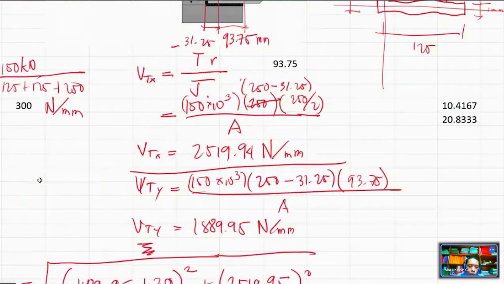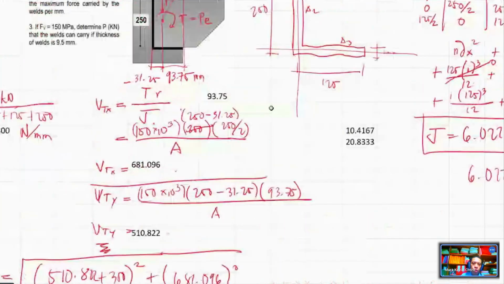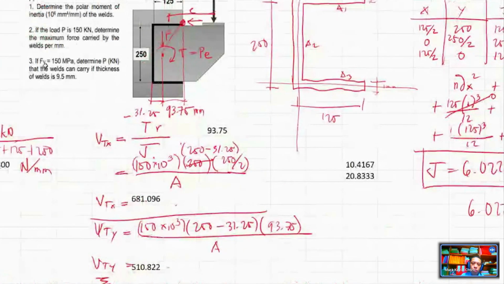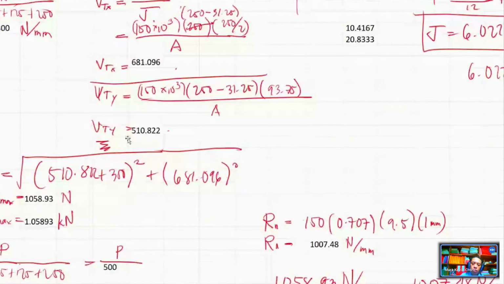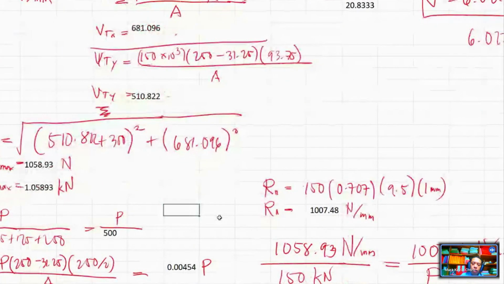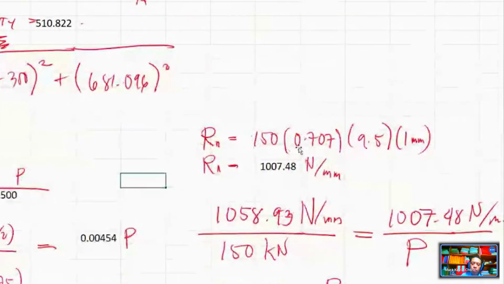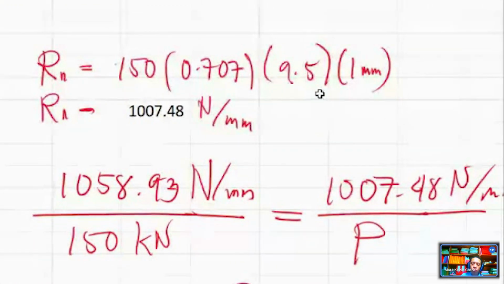Okay. You could also use the ratio and proportion. And akong approach is gin-express kwan the Fv, 150 megapascal, ano ba iya equivalent nga capacity in terms of force? An Rn na gin solve, 150 times 0.707 times 9.5 per mm length gihap, may capacity niya. Tapos ratio and proportion na lang.